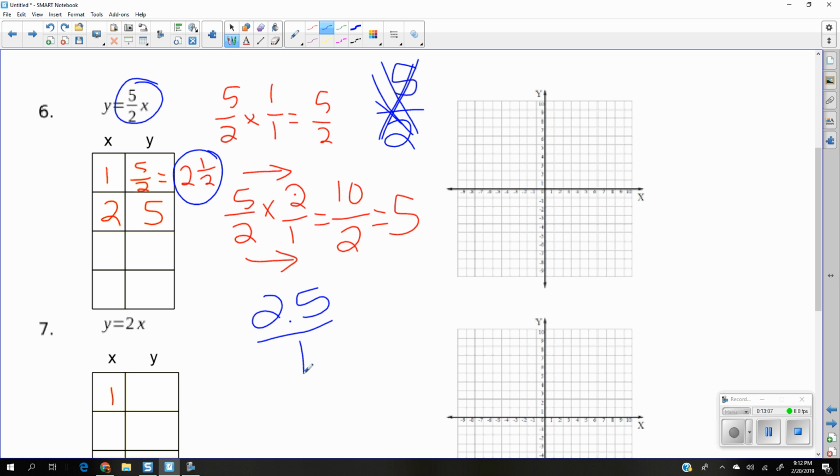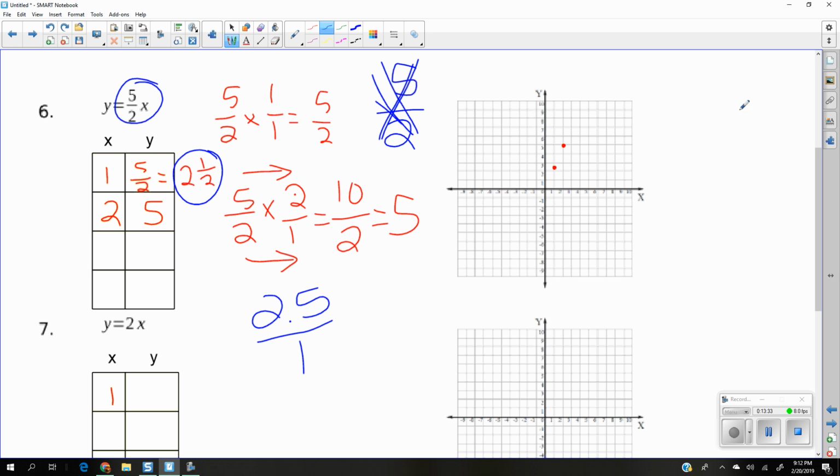So then we're going to come across to 1 and up to 2.5, which is about right there. It's kind of hard because the graph's so small. All right, and then here you're going to go across to 2 and up to 5.